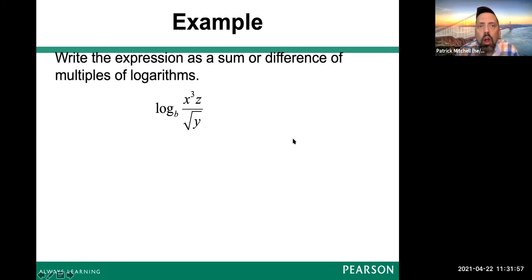Okay. Now we're going to write this expression as a sum or difference of multiples of logarithms. So this is expanding the logarithmic expression.